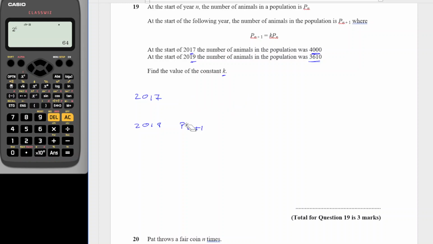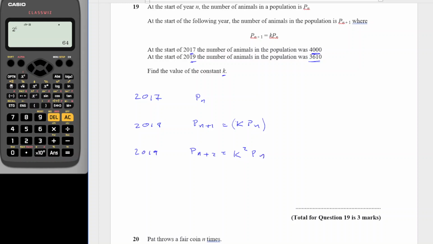Sorry, let's start that again. In 2017, the population is going to be Pn. In 2018, Pn plus 1 is going to be equal to K times Pn. So in 2019, Pn plus 2 is going to be equal to K squared times Pn.